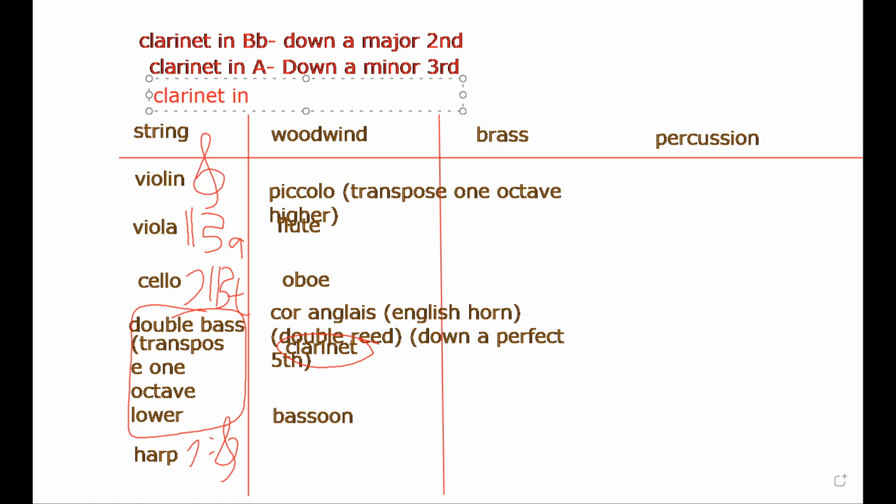Clarinet in E flat. So what do you get? Minor third, but is it higher or lower? So the answer is up a minor third. Megan, do you understand? Oh yeah, now I understand already.